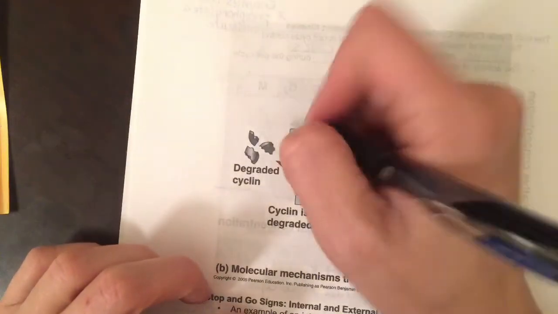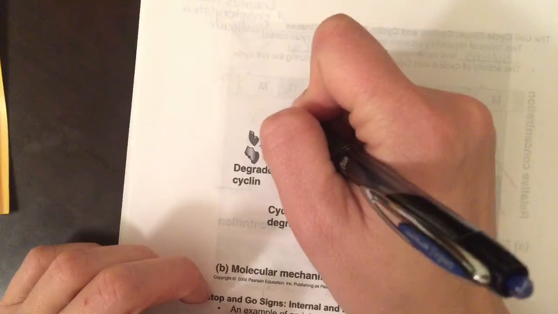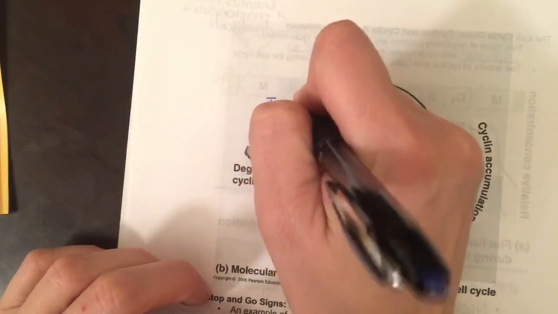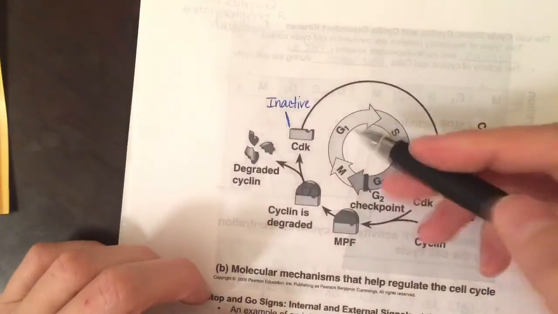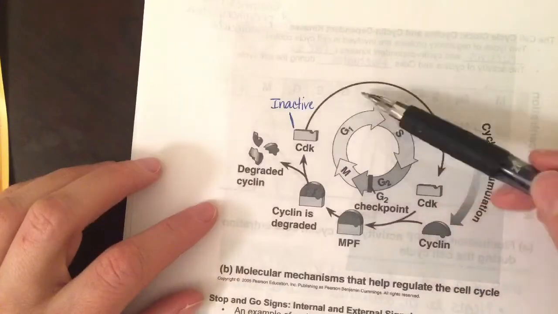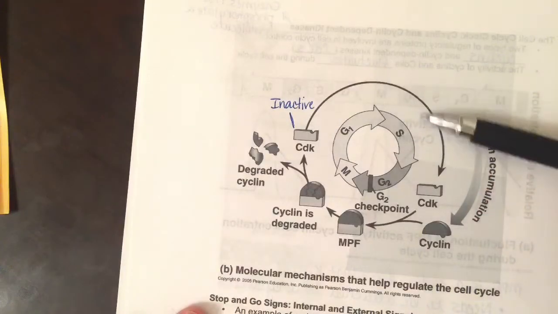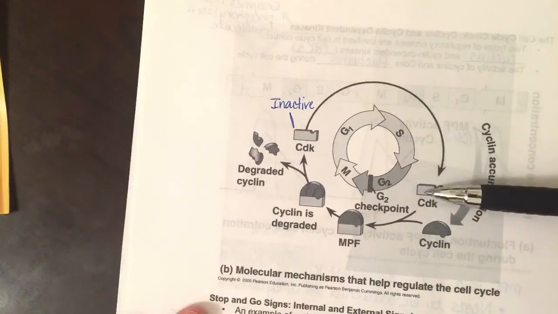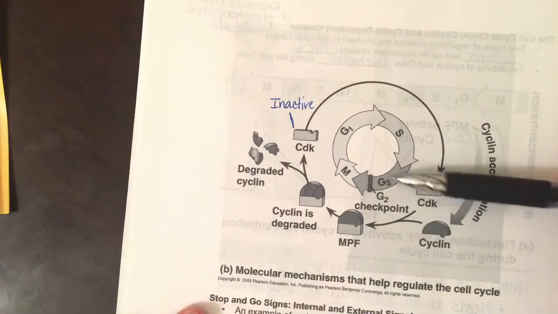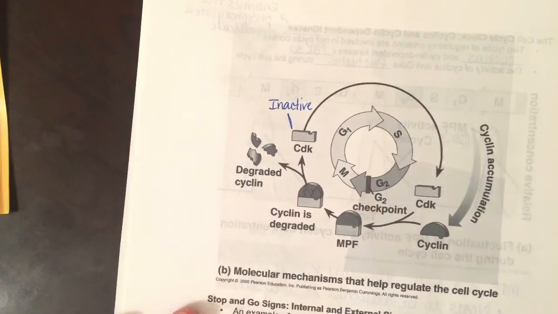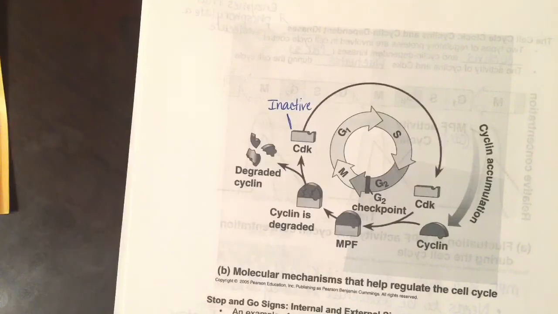It needs to be attached to a cyclin in order to be active. So right now in this phase, CDK isn't active. It doesn't work, but it's hanging out in the cell. It's present all the way through into the G2 phase. We still have the CDK. It's inactive. Why? Because there's no cyclin. But notice what happens towards the end of the S phase.